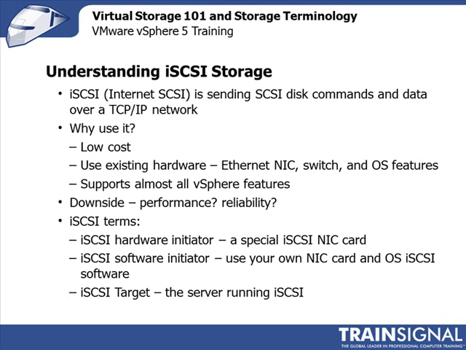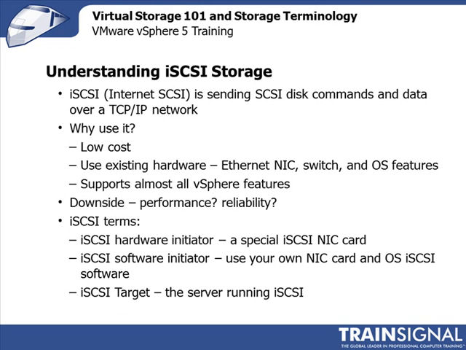An iSCSI hardware initiator is a special iSCSI NIC card. Again, it's just a regular NIC card for that matter, but it's dedicated for iSCSI traffic. It's a hardware initiator rather than a software initiator, and it's dedicated to moving that particular SCSI disk communication from a physical hardware perspective, so it has some cache on it and things like that that would enhance it and make the performance a little better.